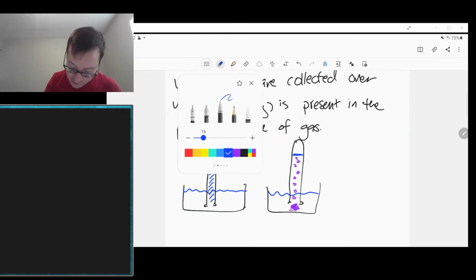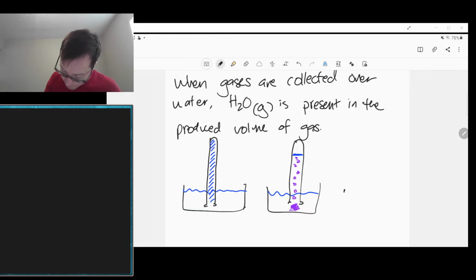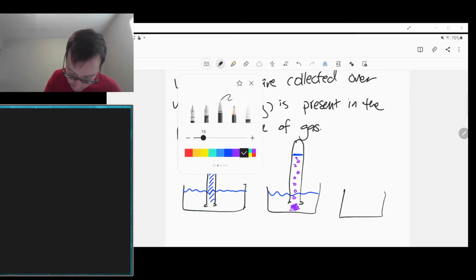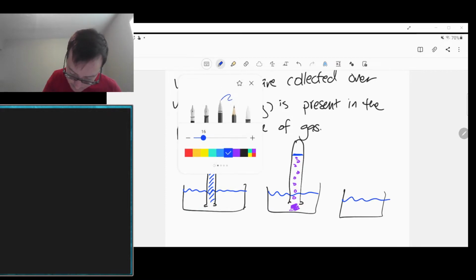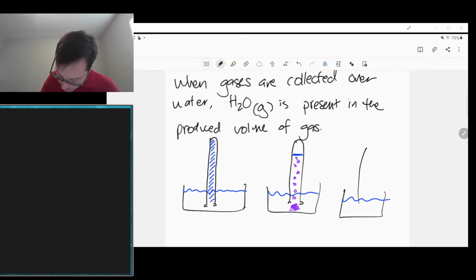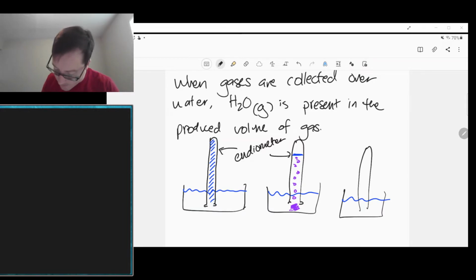And then when the reaction is done, this device is called a eudiometer, by the way. The fancy term for this thing.